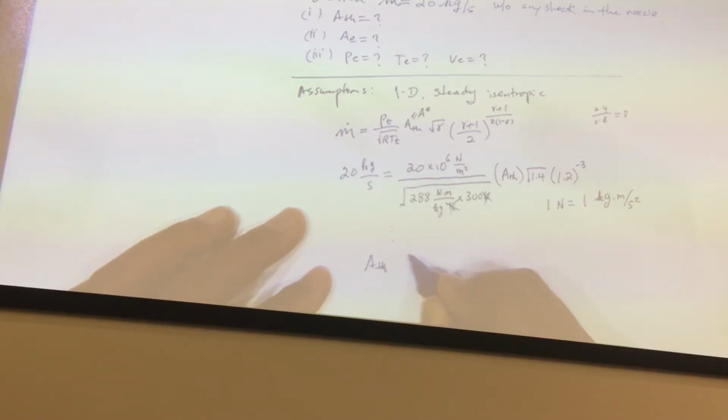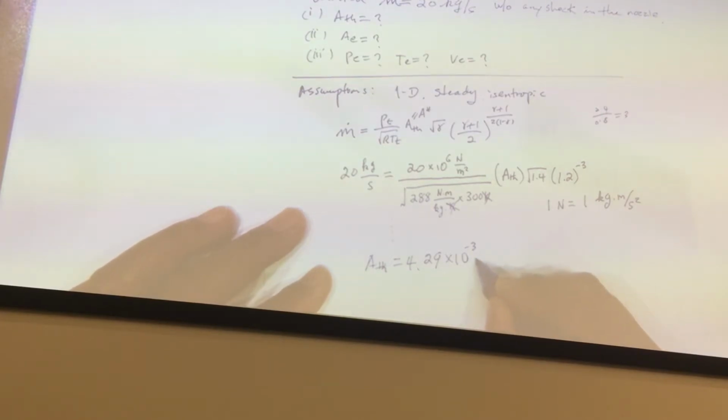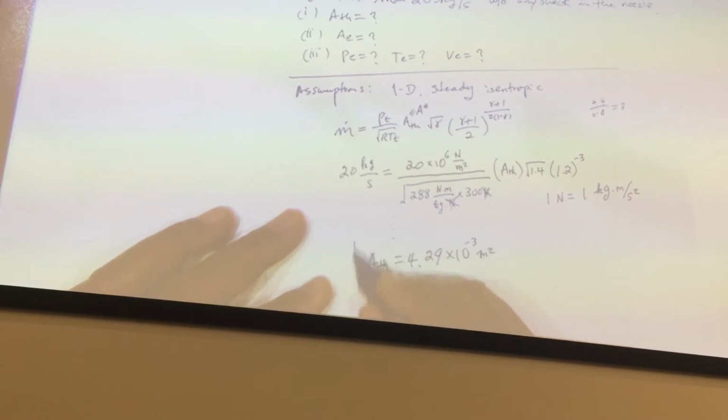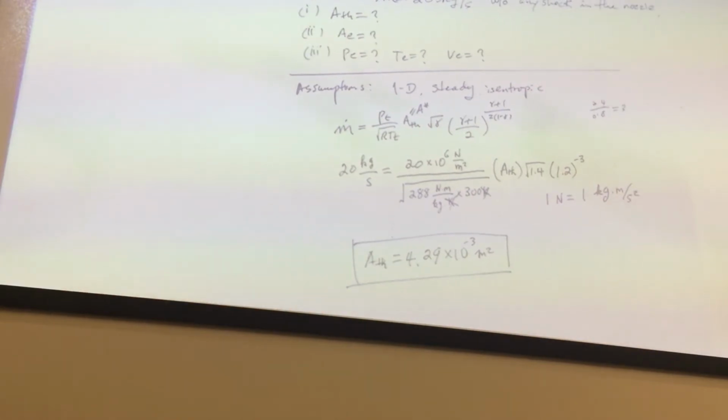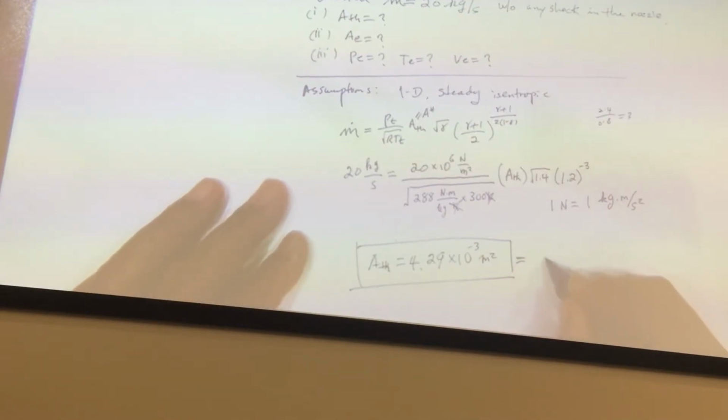is equal to 4.29 times 10 to the power minus 3 meter squared. This is equal to 42.9 centimeters squared.